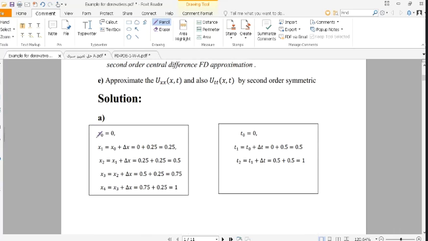Start from the first point and with the step size delta x, we continue and have x1, x2, x3, x4 until we arrive at the end point.